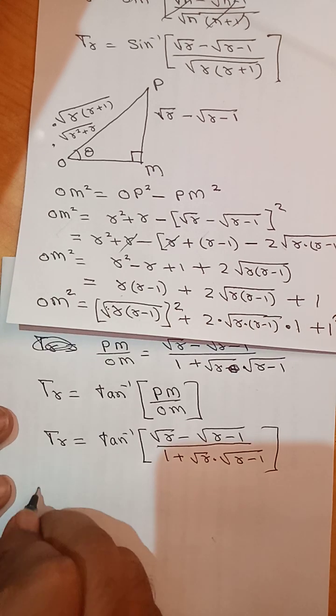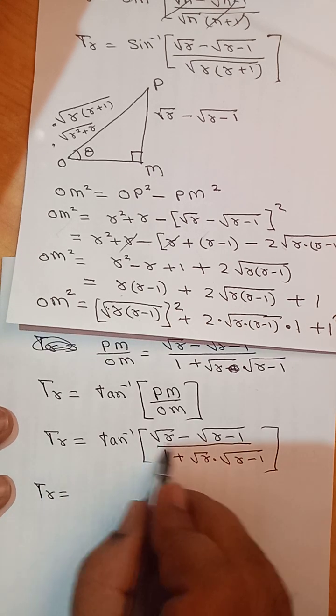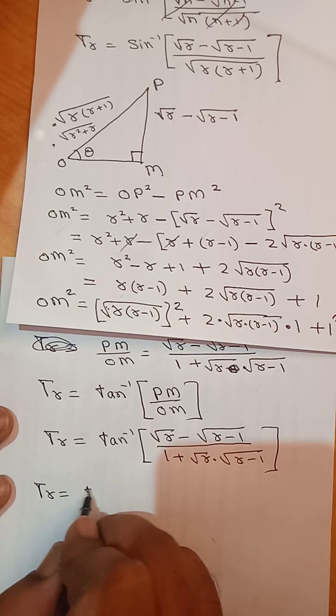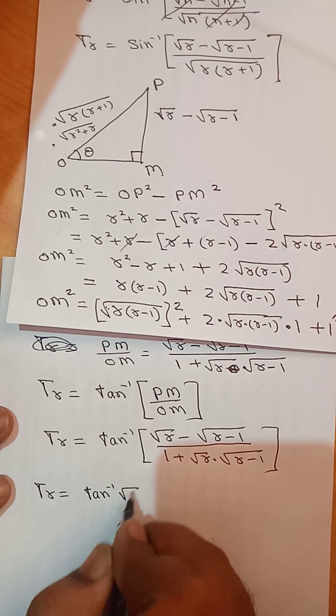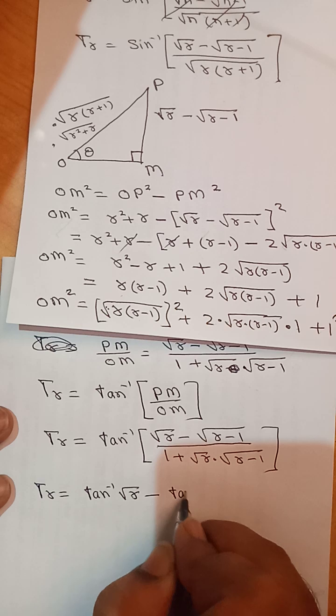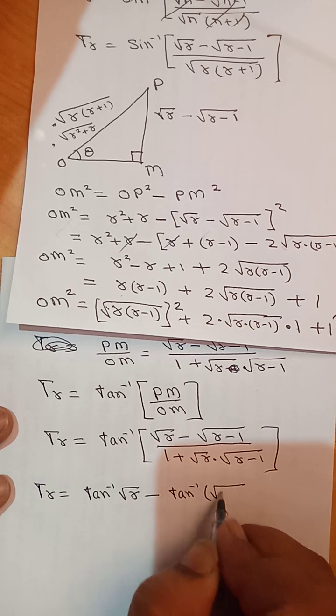Now the general term becomes tan inverse of (x minus y) by (1 plus xy), which is tan inverse of root R minus tan inverse of root R minus 1.